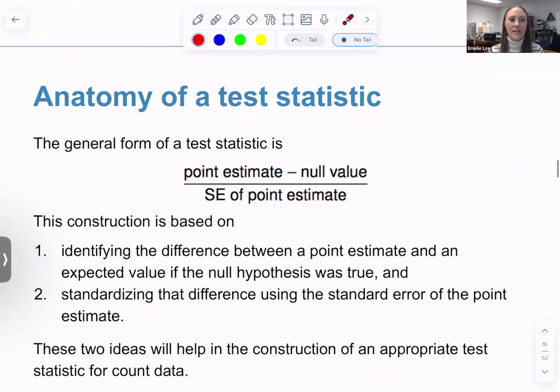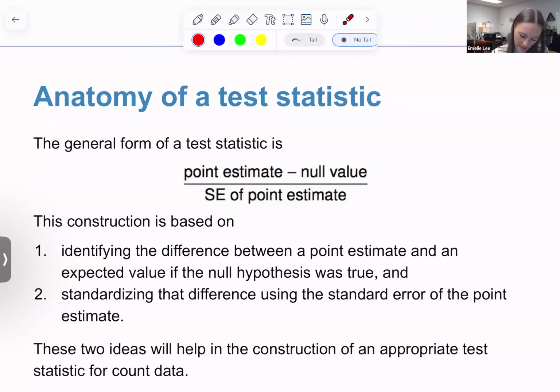So let's just remind ourselves what any test statistic looks like. And any test statistic, and we've only seen one so far, right, is a point estimate minus the null value, divided by the standard error of the point estimate.